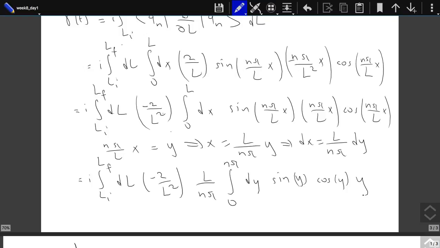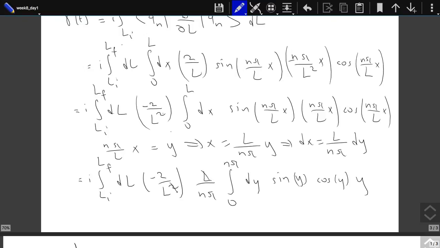Well, let's check the dimensions. This L cancels this L. This is dimensionless, as it should be. The phase should be dimensionless. No problem with the dimensions. It's independent of that.